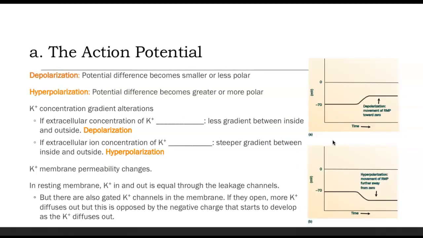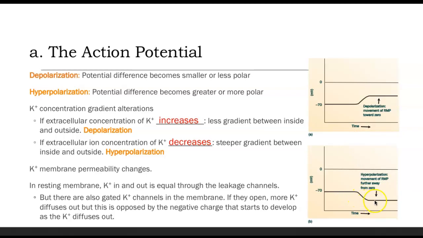Our potassium concentration gradient is going to change based on these different types of polarizations. If the extracellular concentration of potassium increases, then we have less gradient between the inside and outside. So we are depolarizing; we're becoming less of that opposite charge. And if the extracellular concentration of potassium decreases, then we have a steeper gradient, meaning we are more of the opposite and we get hyperpolarization.